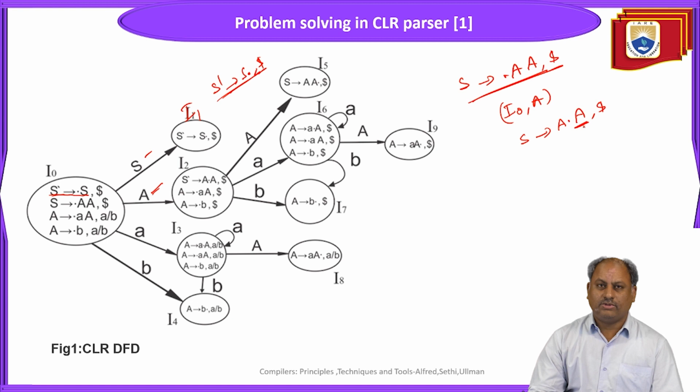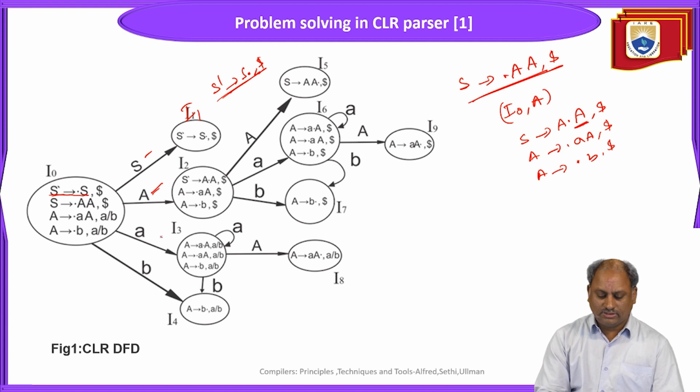Here the variable that appears is capital A. So the productions listed for capital A are A derives dot aA and A derives dot b, and here we write the same look aheads. That is one of the differences. For the third one, A derives a A, comma a b.